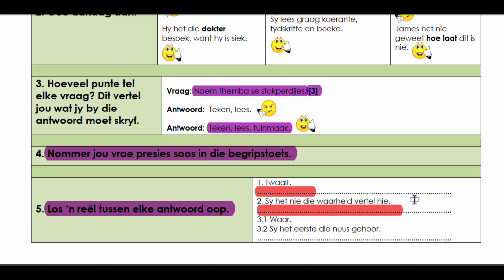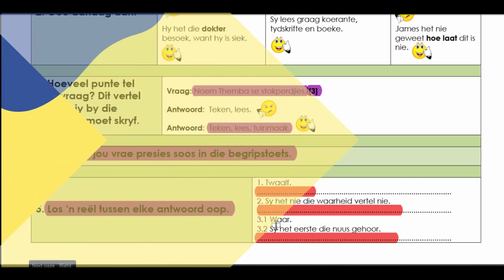As daar byvoorbeeld meer as een vraagie per nommer is, soos by nommer 3, daar kan ek sien is 3.1 en 3.2. Dit kan ek alles onder mekaar skryf en as ek die vraag klaar beantwoord het, dan laat ek 'n reël oop. So if there are, for example, more than 1 questions per question, so question number 3 had a 3.1 and 3.2. You can write those below each other. Once you are done with the entire question, then skip a line.